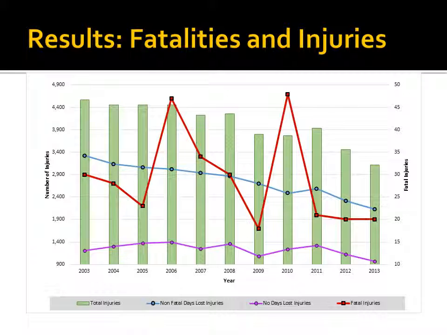And one thing I wanted to show in this is that the overall trend in data is decreasing for each category, for both total injuries, NFDL, NDL, and fatal injuries. So we can see an overall decrease in injuries from 2003 to 2013, which again supports our hypothesis.